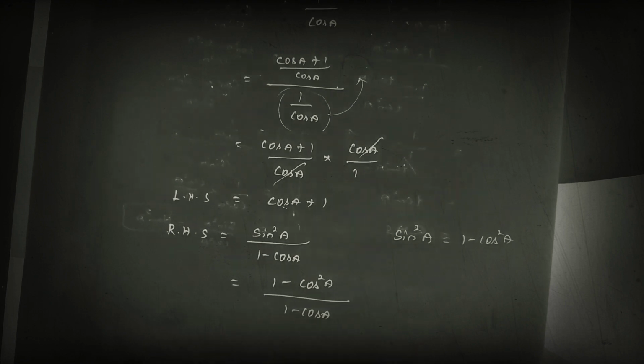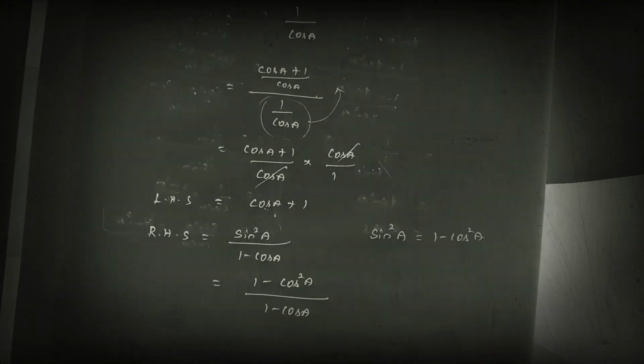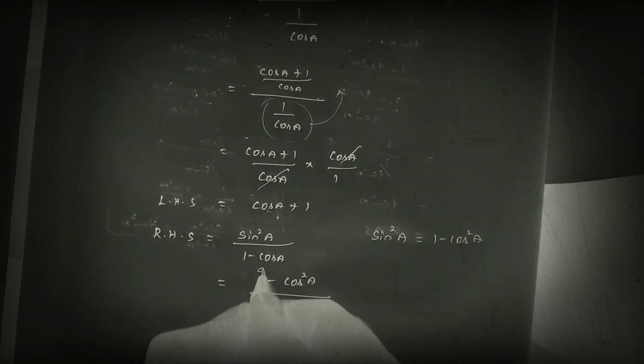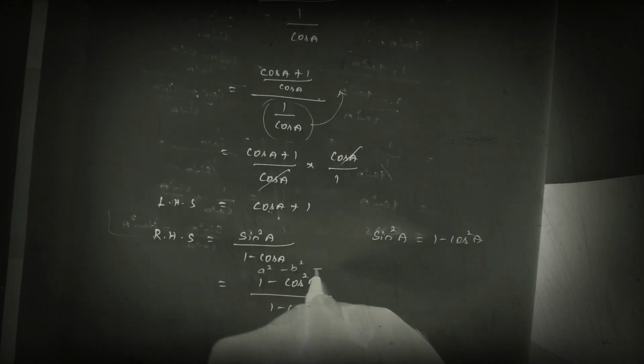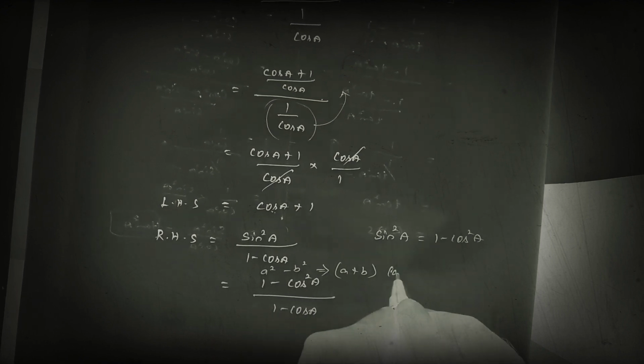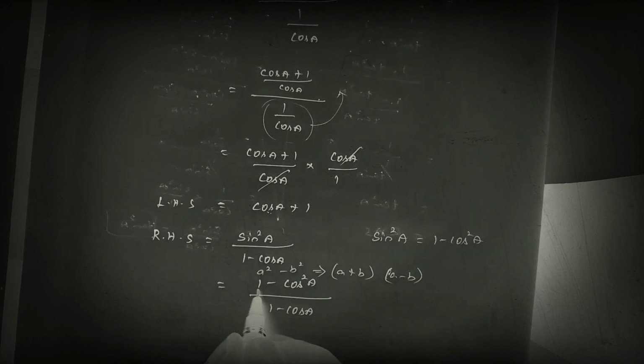How will it be? The numerator 1 minus cos square A is in the form A square minus B square, right? What is the formula of A square minus B square? A plus B into A minus B. What is A here? 1. What is B here?